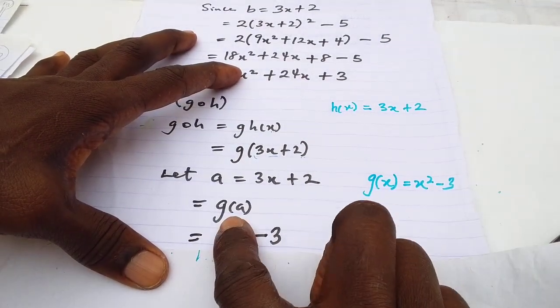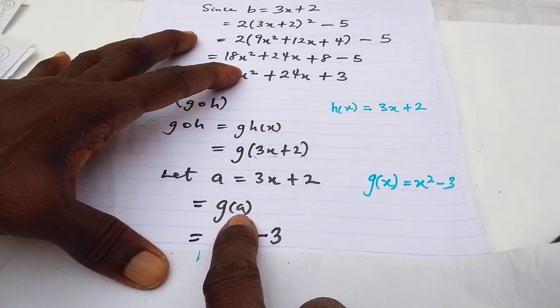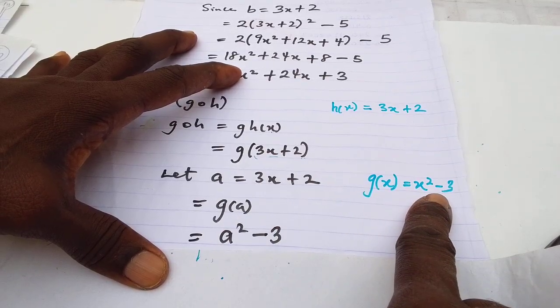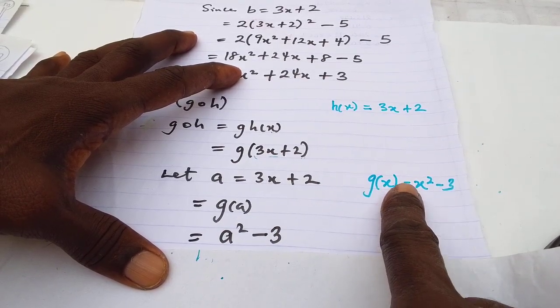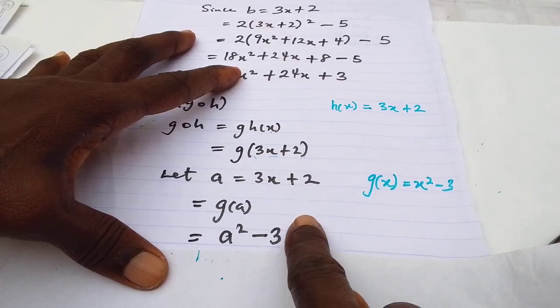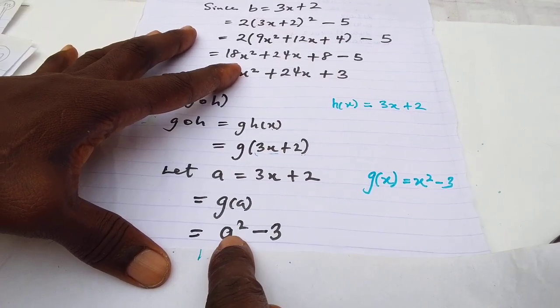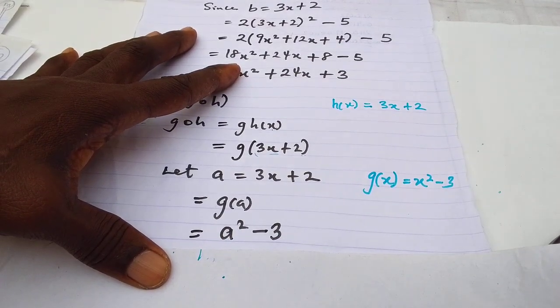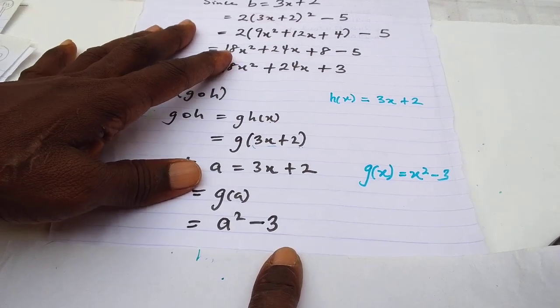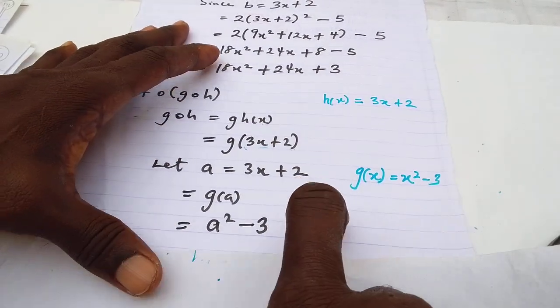So when you substitute here, in place of x, you are going to put a squared minus 3.